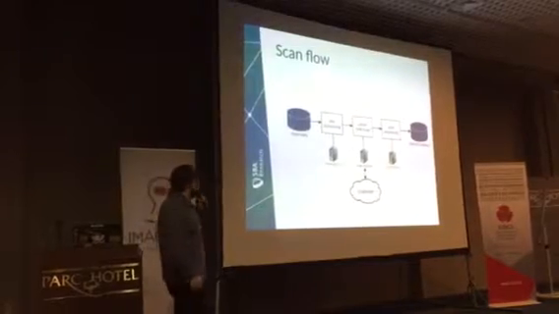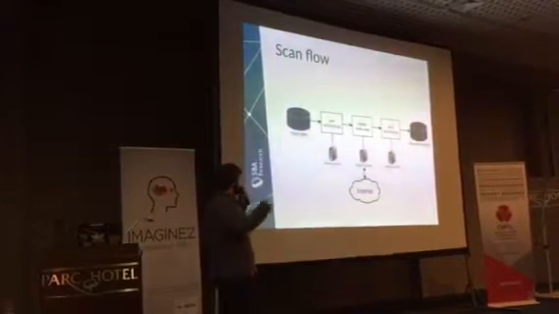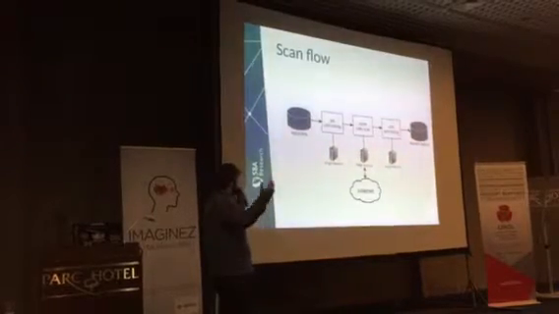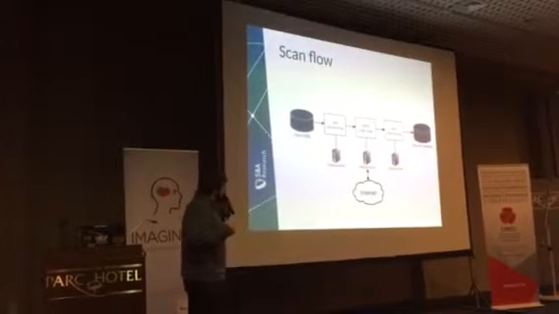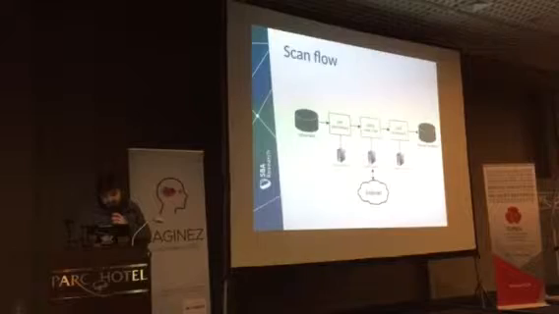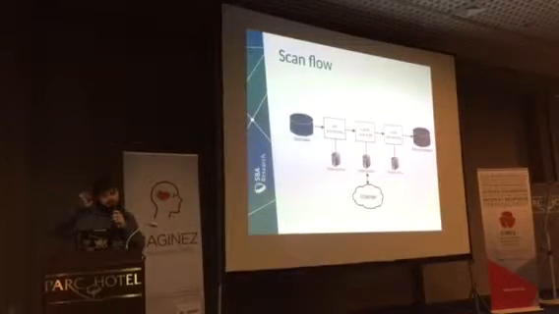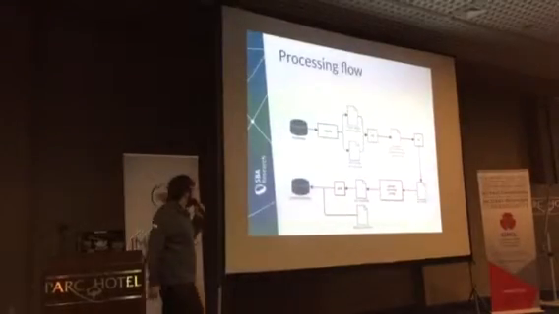So a typical scan flow would be having an input data set of IP addresses, doing pre-processing, doing a cipher suite scan, and then post-processing all of the data sets you get back and pushing it into a database. For example, we first used Postgres, and later we used BigQuery. So in detail, it was like this.